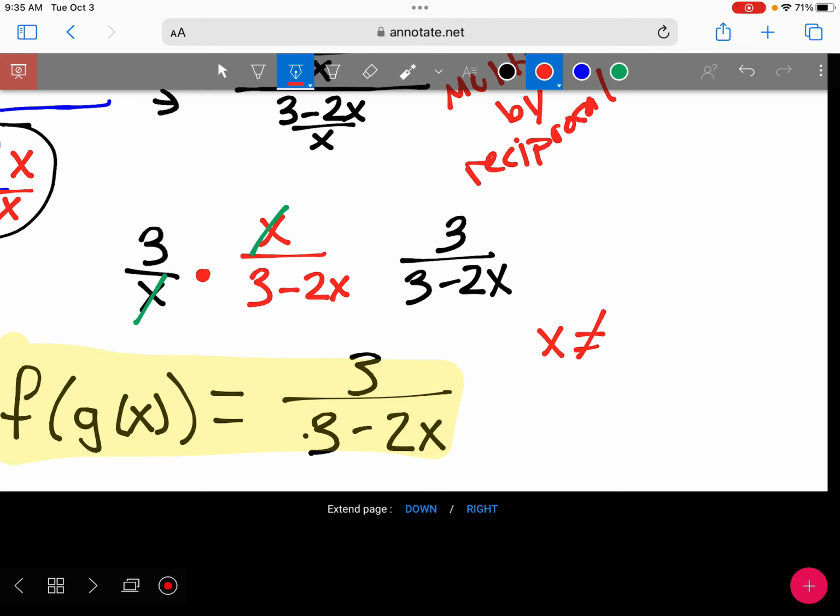So x cannot be 3 halves here, or 2 or 0. So if we get to write it like this, we love that. We love that for us.